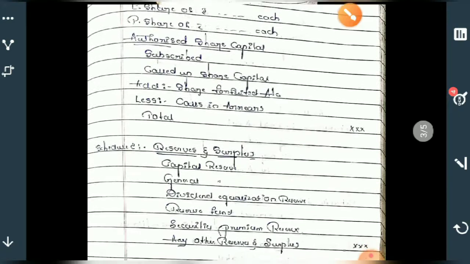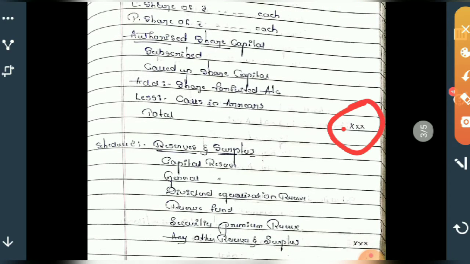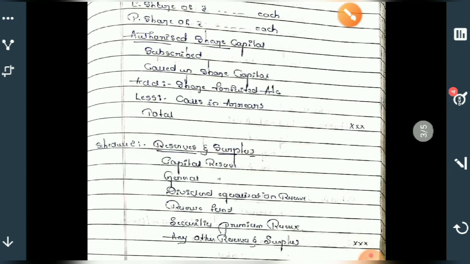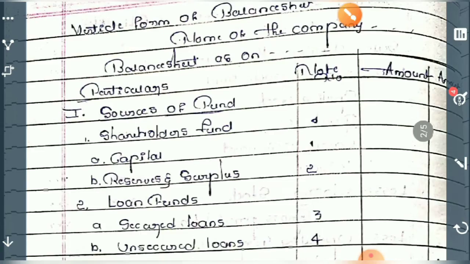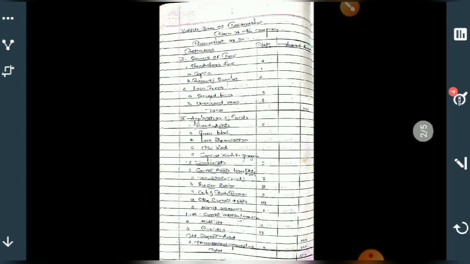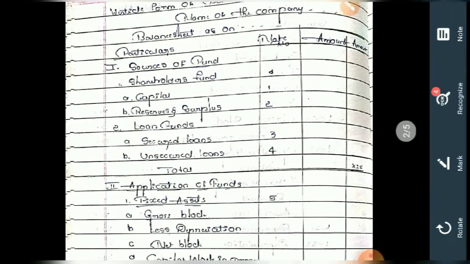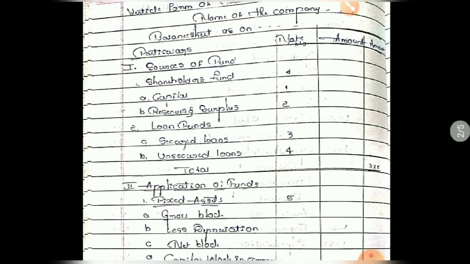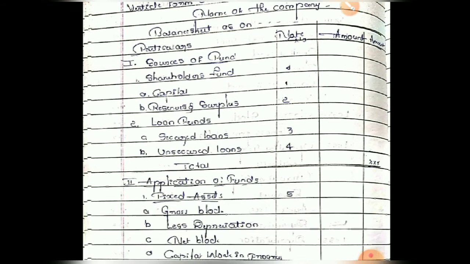After finding this amount, you have to take it to this particular place. After calculation of capital, take the amount here. After calculation of reserves and surplus, take the amount here.